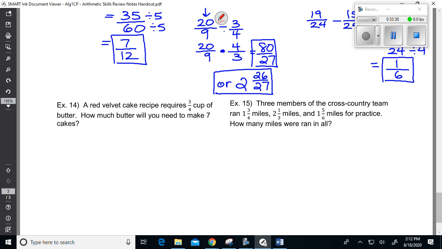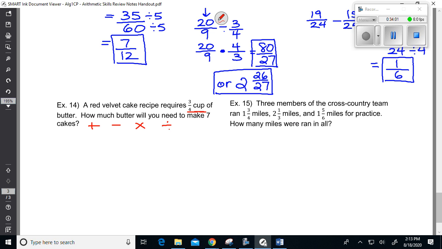Would this be an adding, subtracting, multiplying, or dividing problem? What do you think? 3/4 of a cup for a recipe.